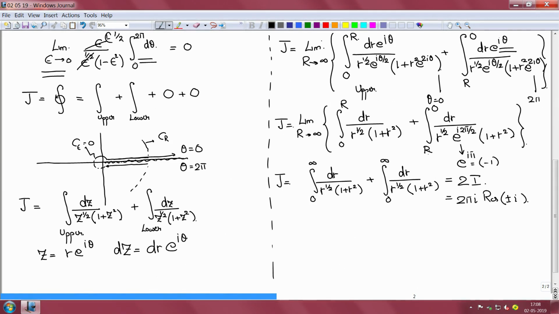Now for the residue. The function we have is given by 1 over root z into 1 plus z square.